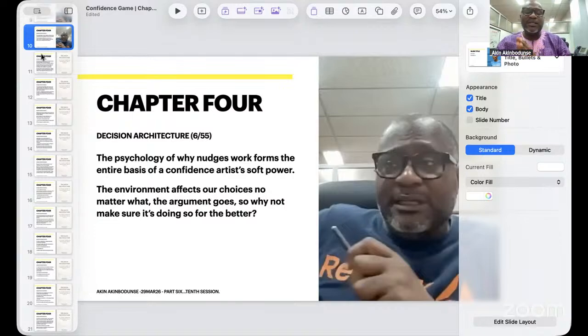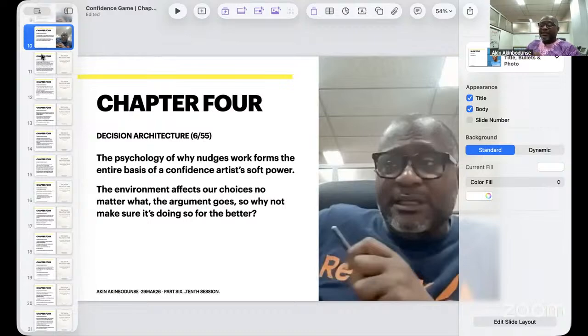You're losing, they're winning. They've tweaked what you're looking at, so it appears to you in a way that makes you make a decision that is suboptimal, right? So the environment affects our choices, yeah, right? No matter what the argument goes. So why not make sure it's doing so for the better?